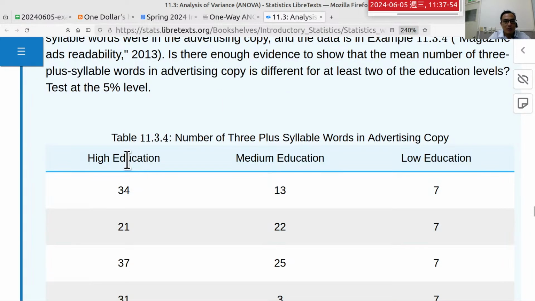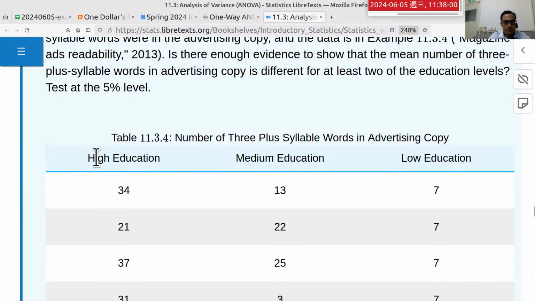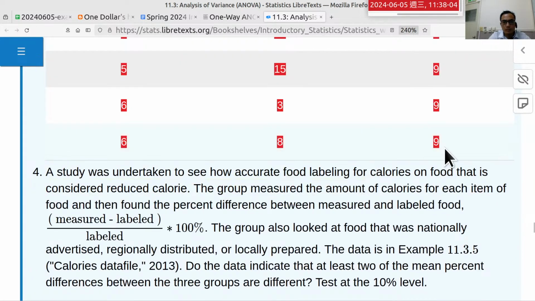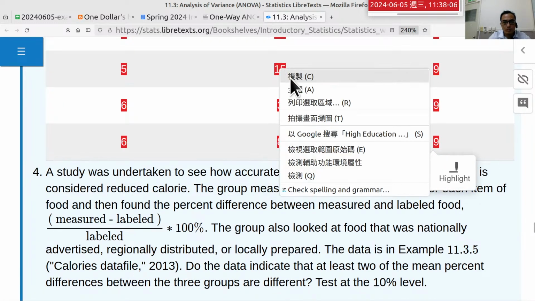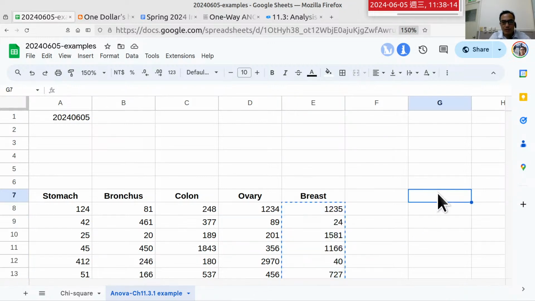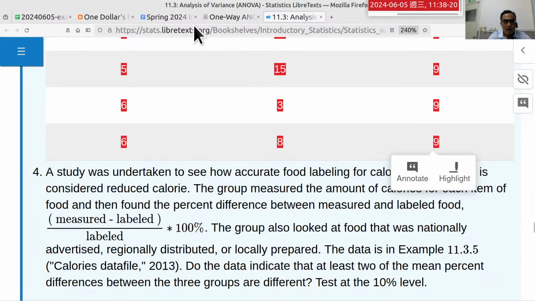Okay, and let me show you here. Just copy and paste here. And I copy the hyperlink.